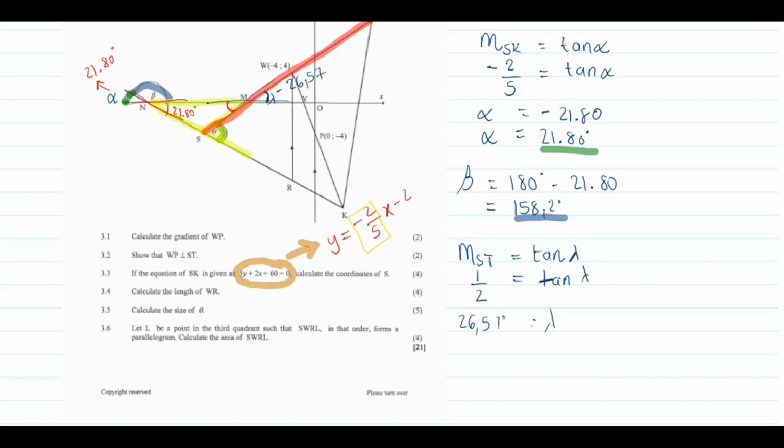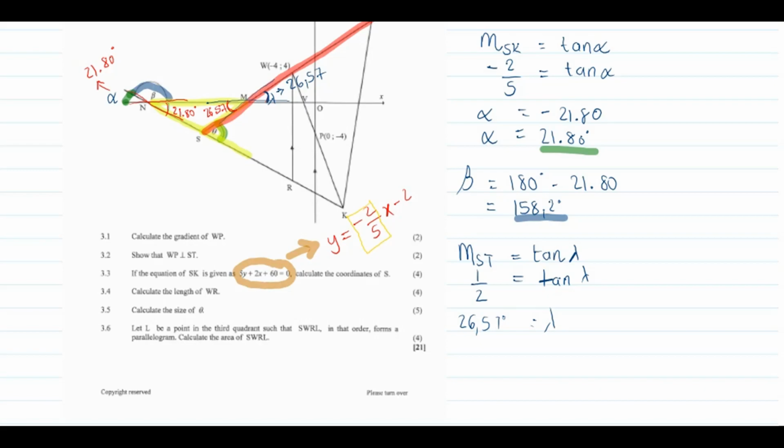So our M is going to be 26.57. And from here, it really becomes simple, because like I mentioned, if we can find your opposite interior angles, which are N and M in your triangle SNM, then you'll be able to calculate the angle theta.